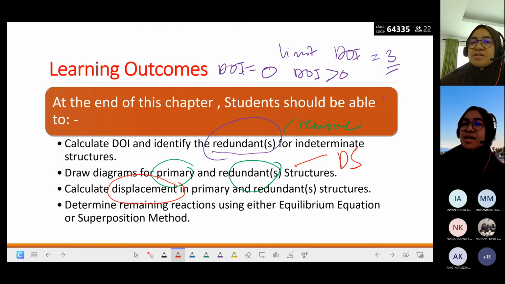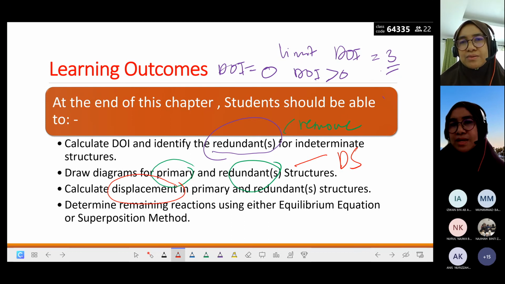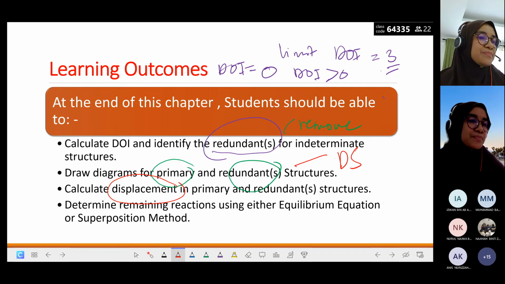In structural analysis, whether it is determinate structure or indeterminate structure, what we actually calculate is only three things. So what are these three things?